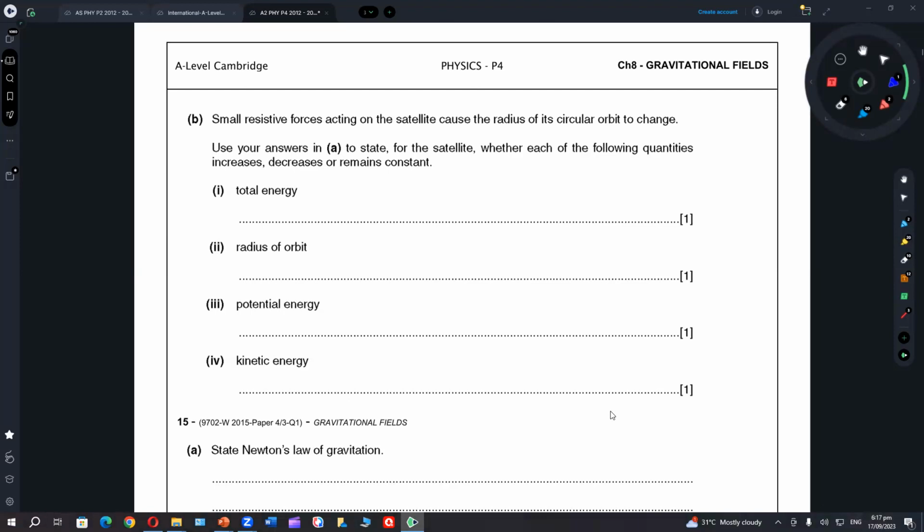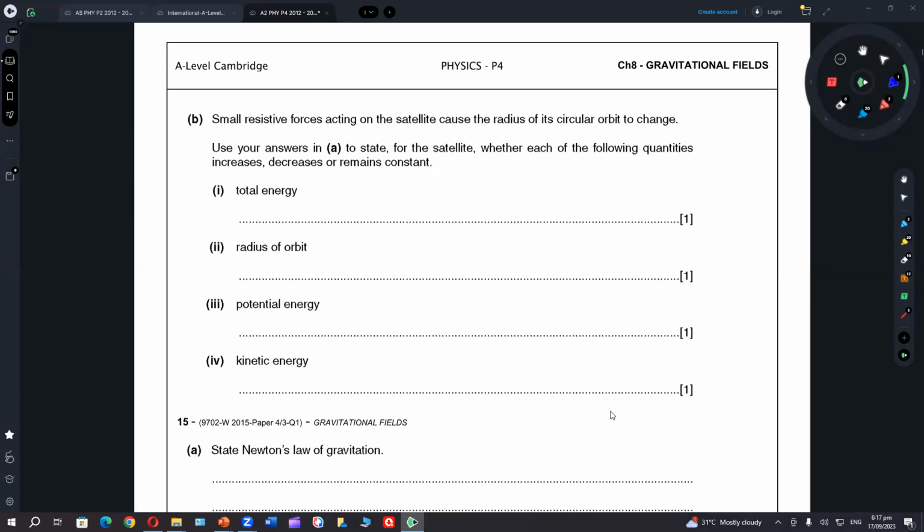Total energy: from our earlier physics knowledge, total energy should not change normally, but here there are resistive forces.